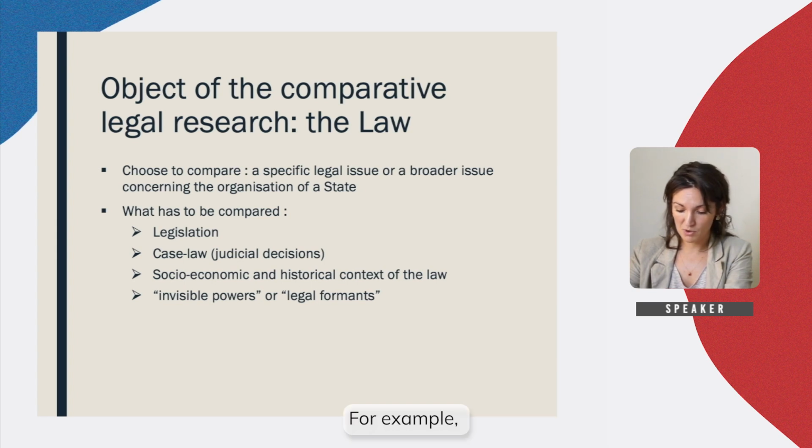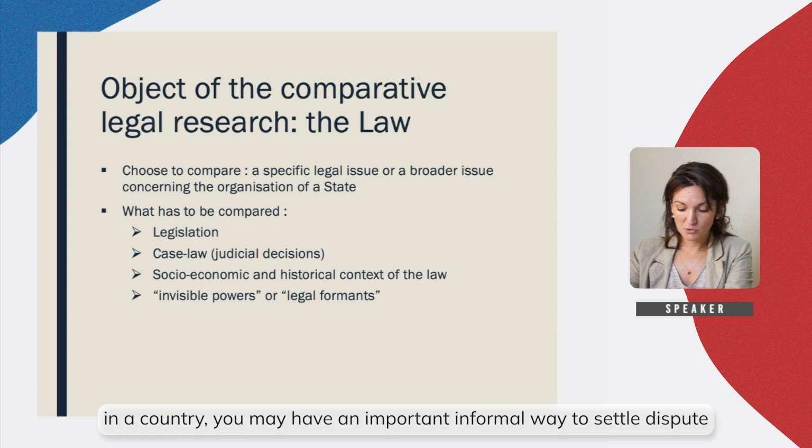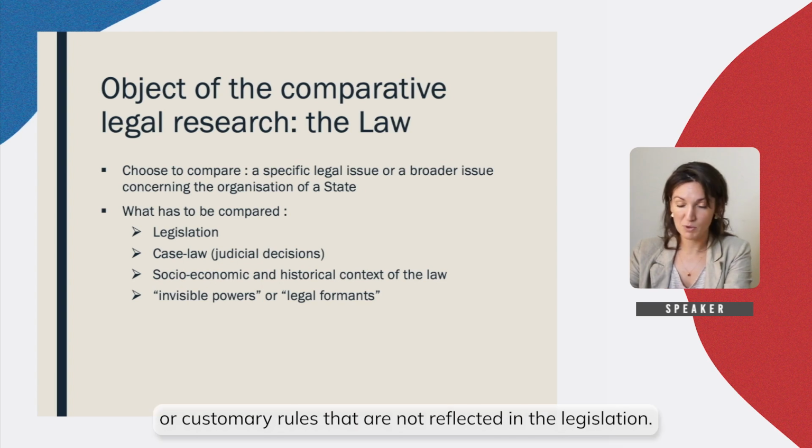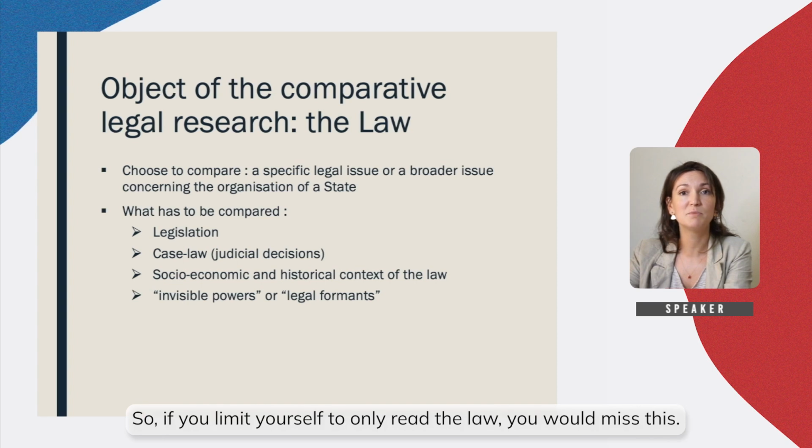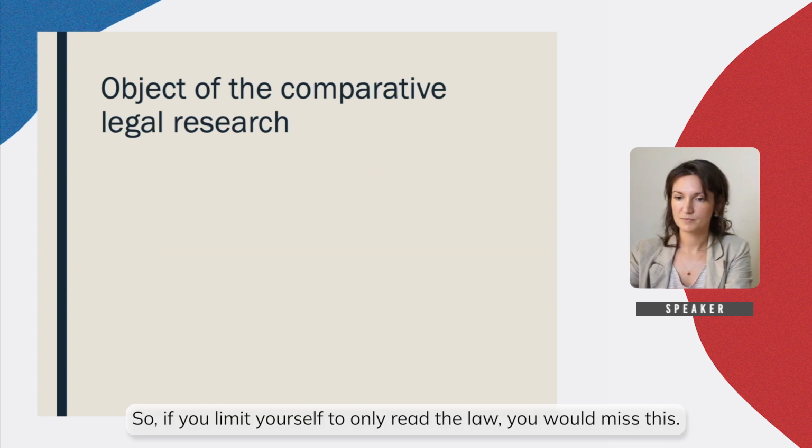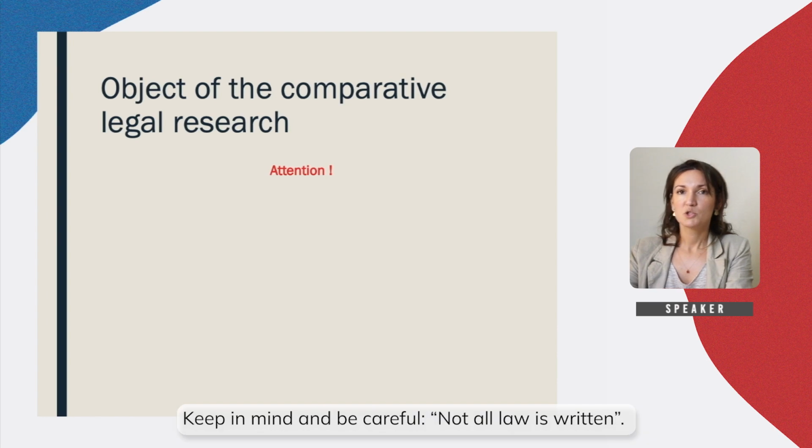For example, in a country, you may have an important informal way to settle disputes or customary rules that are not reflected in the legislation. So if you limit yourself to only read the law, you will miss this. So keep in mind, be careful, not all law is written.